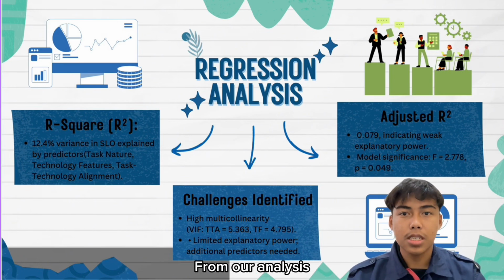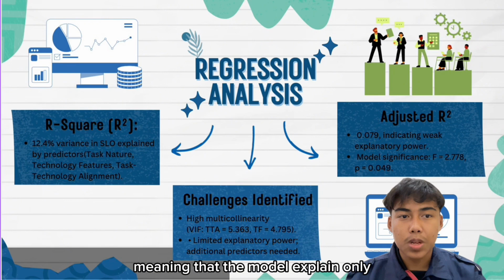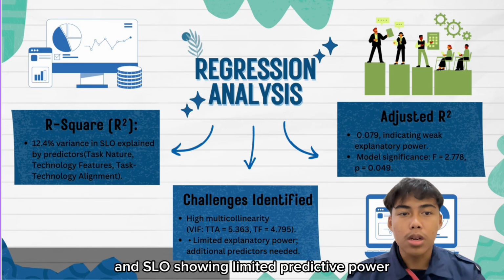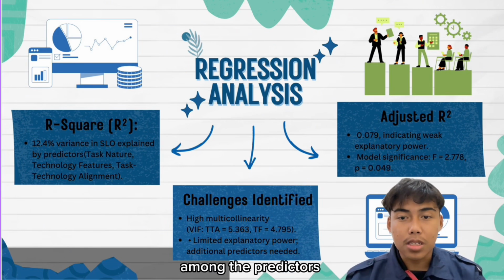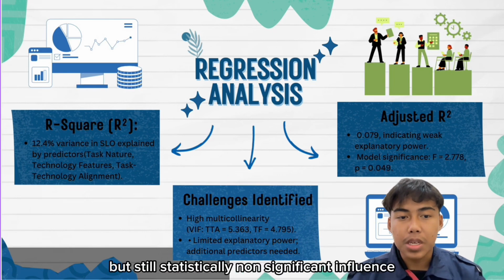From our analysis, the R² value was 0.124, meaning that the model explained only 12.4% of the variability in SLO, showing limited predictive power. Among the predictors, technology features had the strongest but still statistically non-significant influence.